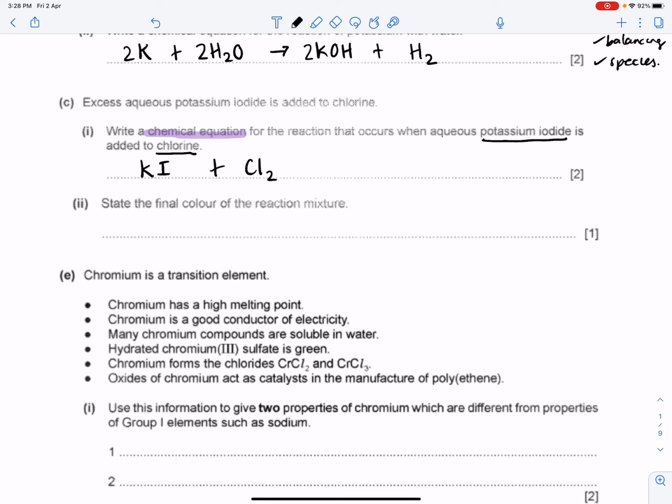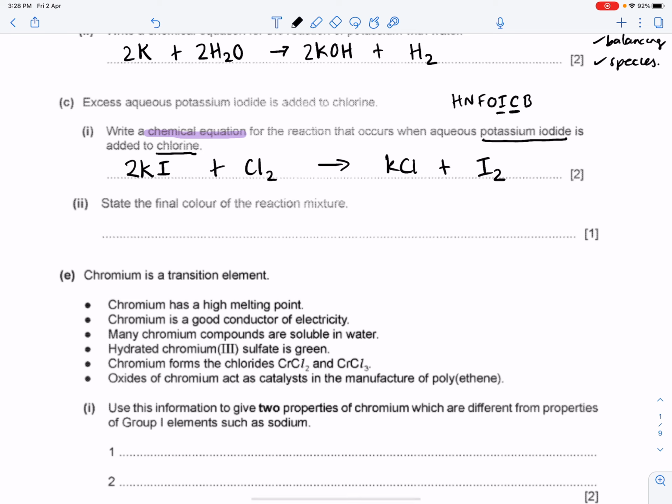Remember, chlorine is diatomic. Have no fear of ice cold beer. Chlorine is diatomic, and we are going to make potassium chloride and iodine by itself as a diatomic molecule, because iodine is also diatomic. So now we need to balance it.